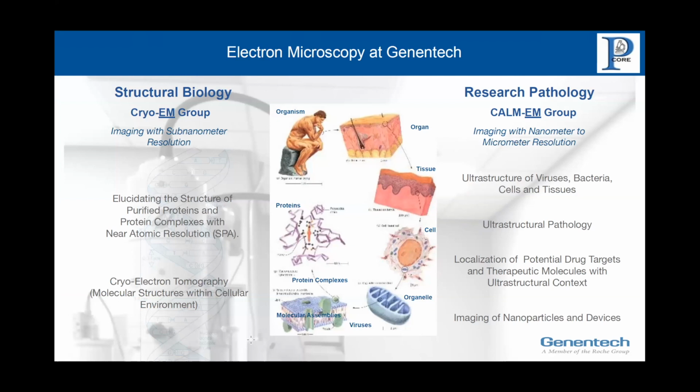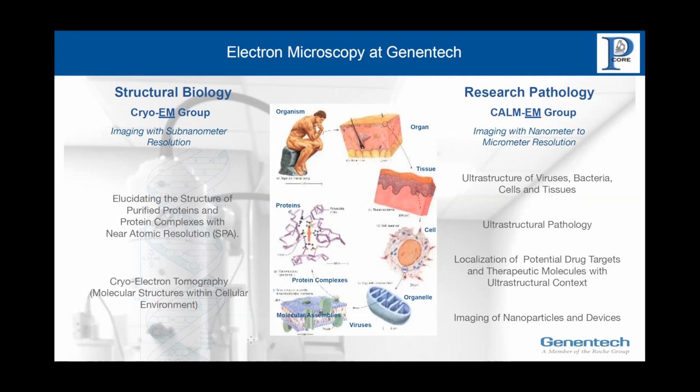Now at Genentech, we have two major groups that pursue electron microscopy. We have a dedicated cryo-EM group for structural biology, whose purpose is to elucidate the structure of proteins at very high resolution using mostly single particle averaging methods, and who also recently dived into the field of cryo-electron tomography.